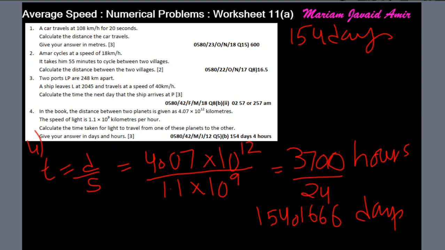So then you write 0.1666 and the remaining calculator display, 1.66666.